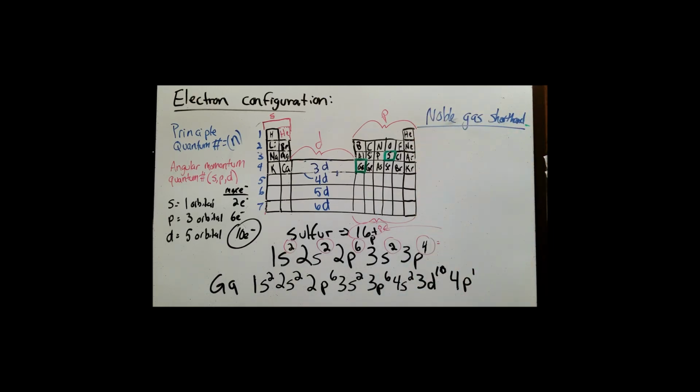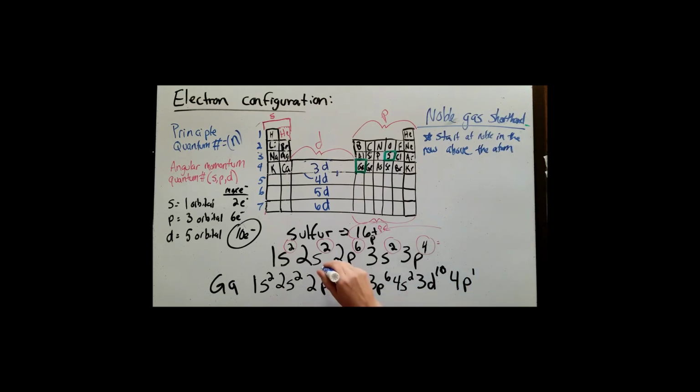For the noble gas shorthand, you start with the noble gas. Instead of starting at 1s, like we did for both of these examples, you start at the noble gas in the row above the element or atom you're trying to describe.